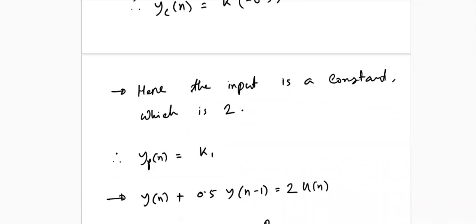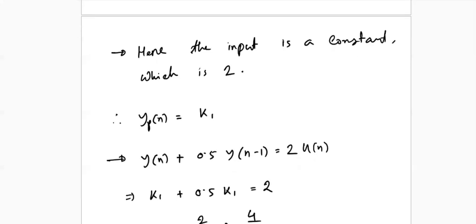Okay, now in the second step we need to find the particular solution. Here the input is a constant which is 2. So ypn is equal to k. Since that is a constant, we are taking a constant as well.